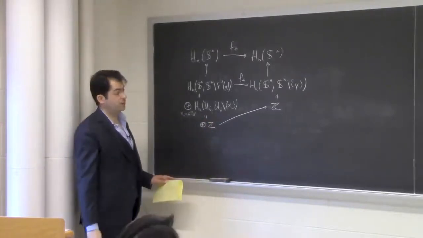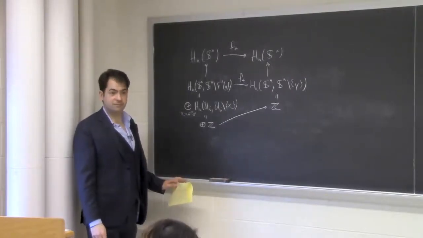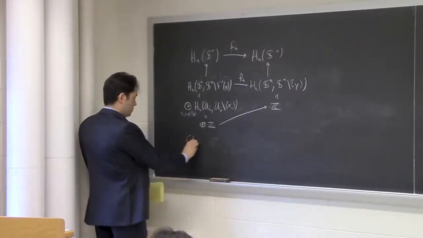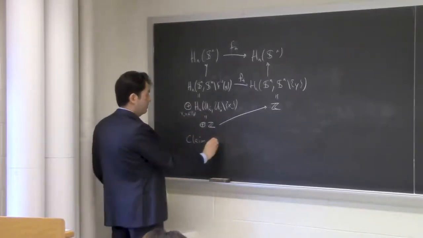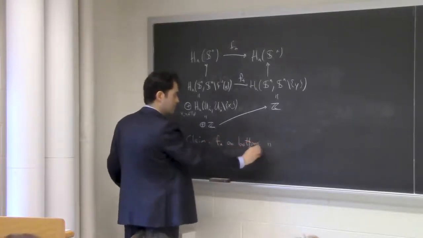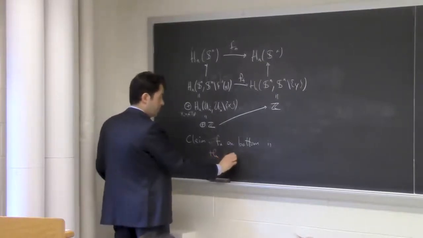Which of course it is, but we'll justify it by drawing a big diagram. Okay? So the claim is that this map on the bottom is the sum of the local degrees.